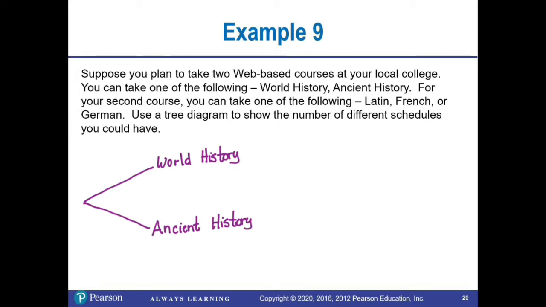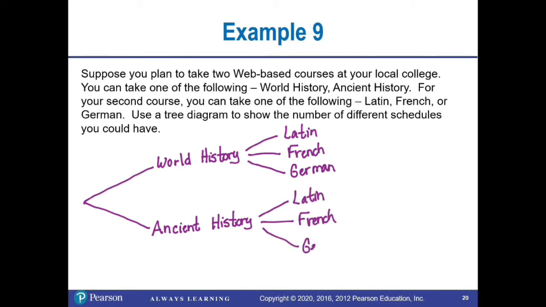Next, we choose a language, Latin, French, or German. If I choose ancient history, I can also choose Latin, French, or German. There's a total of 6 different schedules. 2 choices from the history times 3 choices from the language gives me a total of 6 choices.